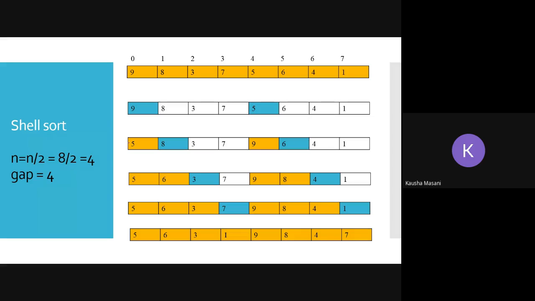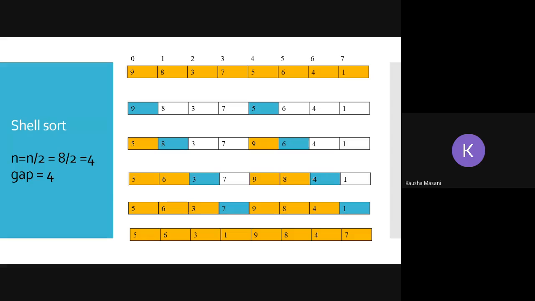Now we are again going for the next numbers, that is 8 and 6. We are again comparing 8 and 6. Obviously 6 is the smaller one, so 6 moves to the place of 8, and 8 moves to the place of 6. Now this is just your first pass, we have not gone to the second part yet.